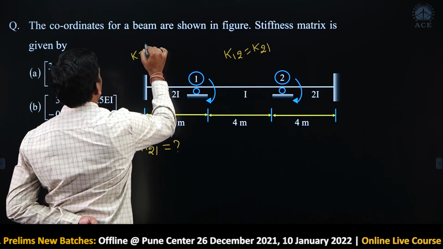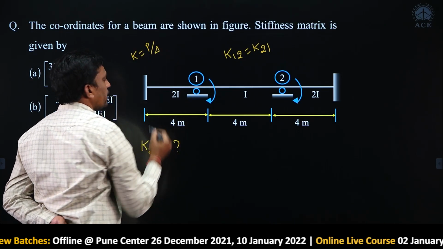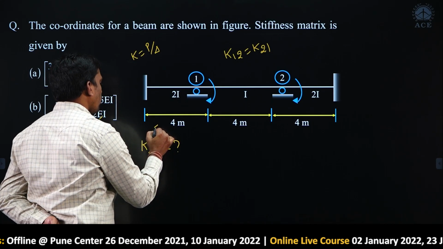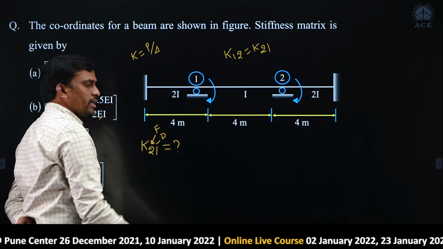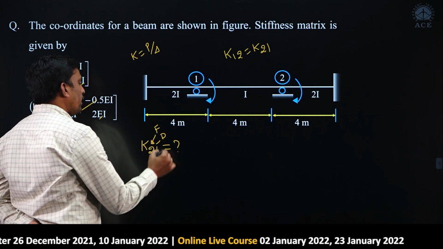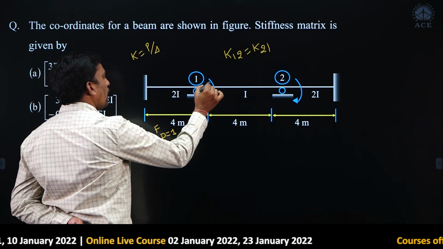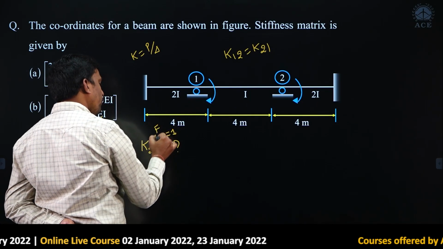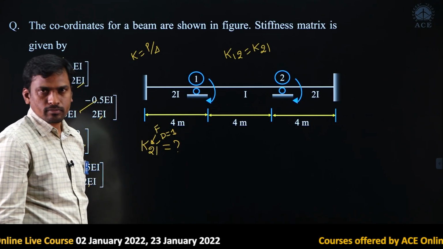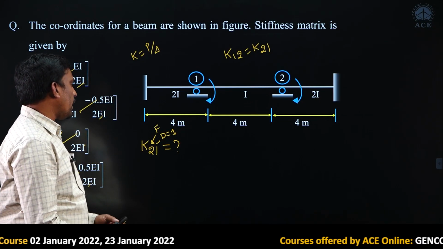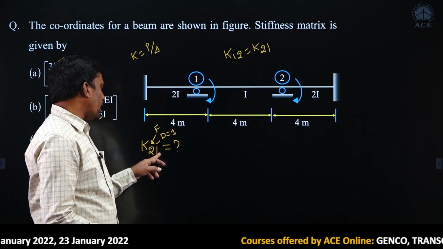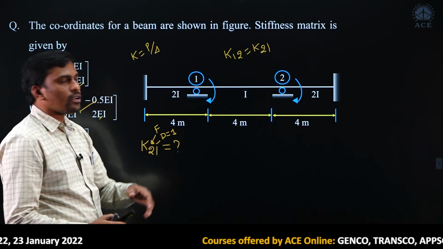Stiffness is the force required for unit displacement, right. It means the first one is force, the second one is displacement. So, where to apply the unit displacement? We have to apply unit displacement along coordinate 1 and find the force at coordinate 2.